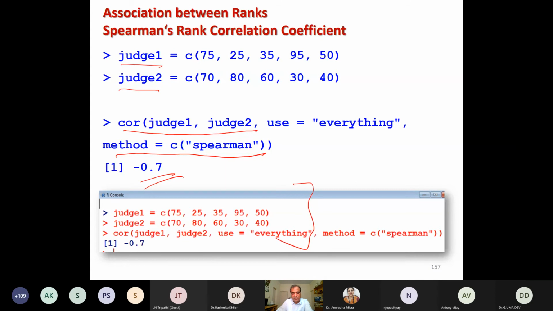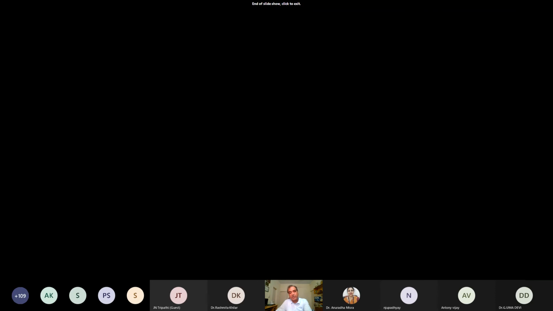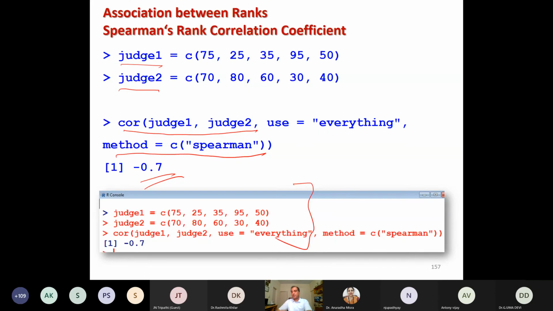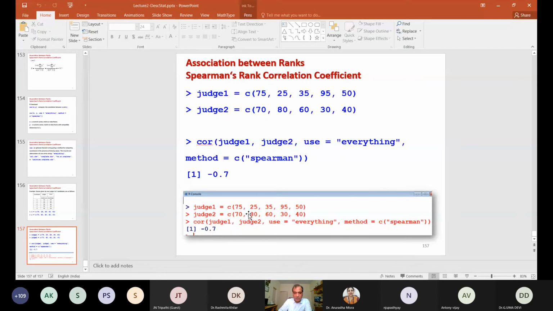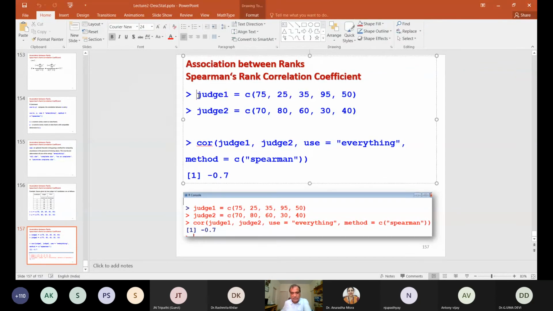Right, so you can see it is like this. So this is how you can find the correlation coefficient between two such ranked variables. Right. And if you do these things on the R console also, they are very simple things.